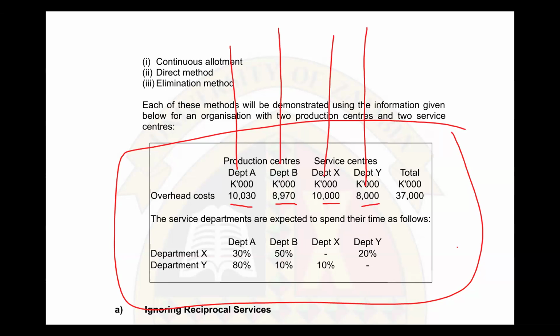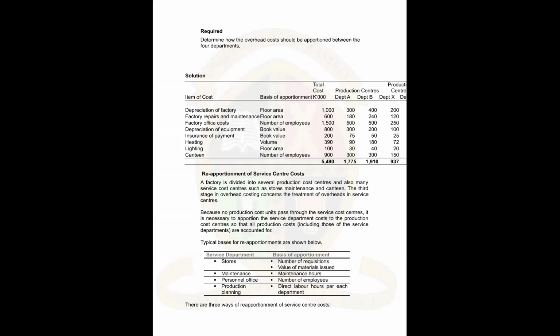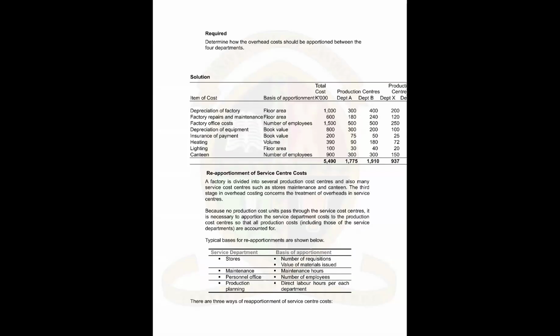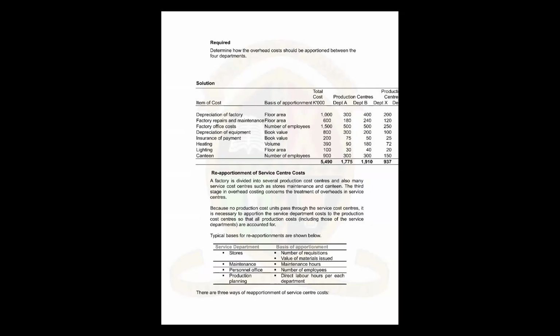Let me get back to this, just to remind you. I said last time you had to add these costs. You had to add for department A, consolidate everything, then you find this total. For B, you consolidate everything and you add this total, after doing the apportionment. For X and also for Y, you do that. So now we have just extracted these last figures as the total overheads.